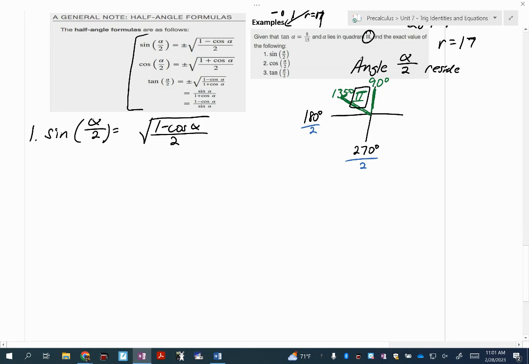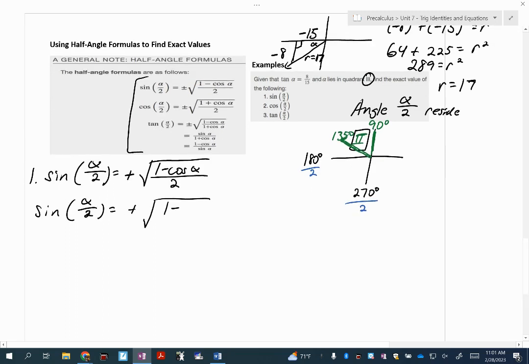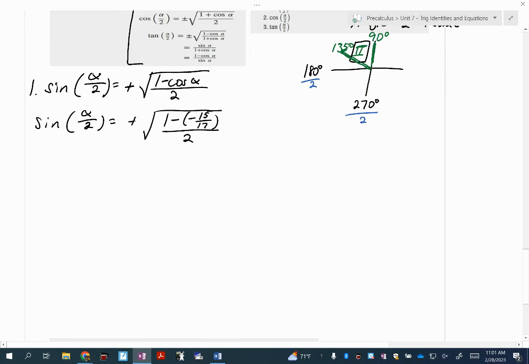So if we're in quadrant 2, all students, S for students, S for sine, this will be the positive version. So let's plug in cosine of alpha. Cosine of alpha is the adjacent side, so -15 over the hypotenuse of 17. So 1 minus -15/17 all over 2. Then I'll do that again.